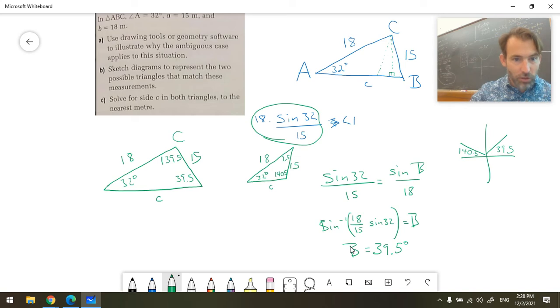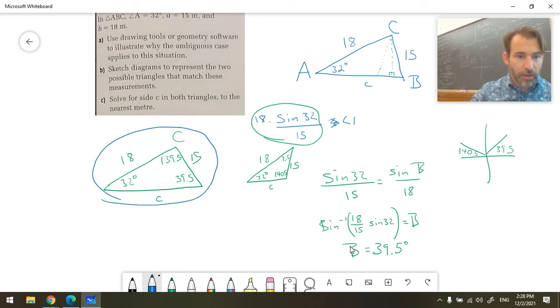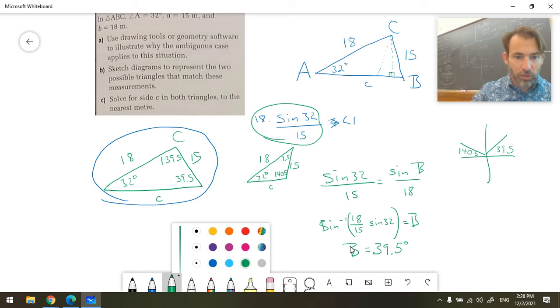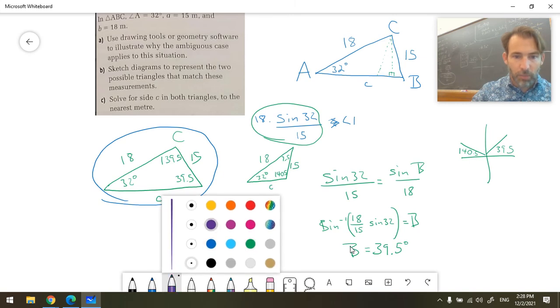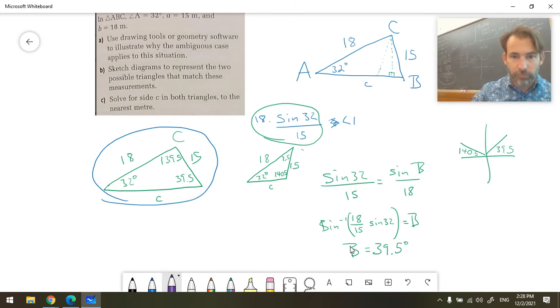Now I can use sine law to find these unknown sides. Let's set up my two equations. I'm going to do this one in blue and this one in purple. For this one, I now have a side as an unknown, so I put my sides on top. 15 over sine 32, those were given.